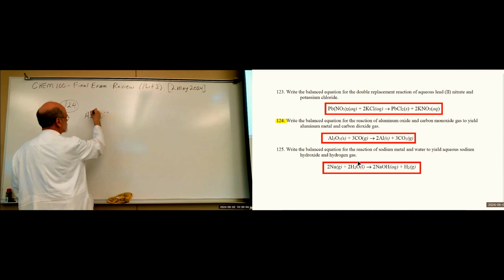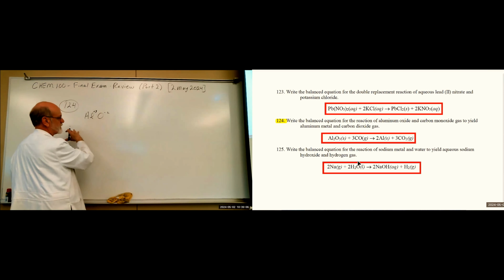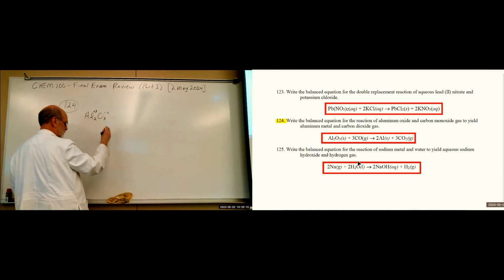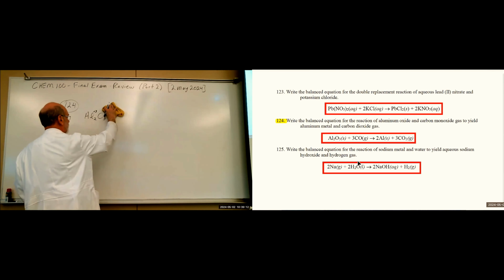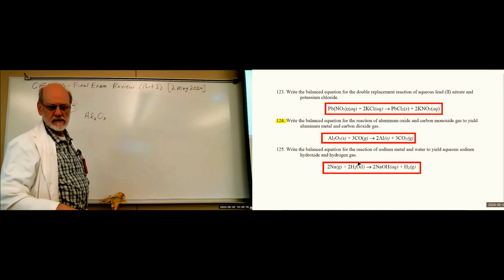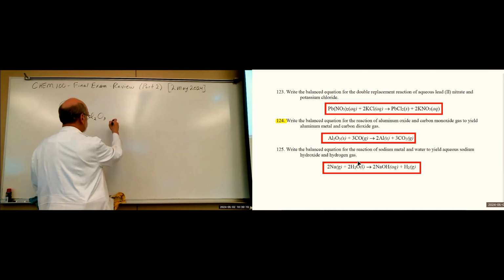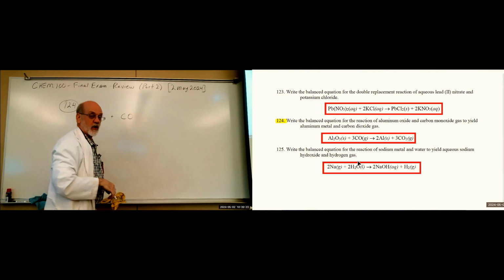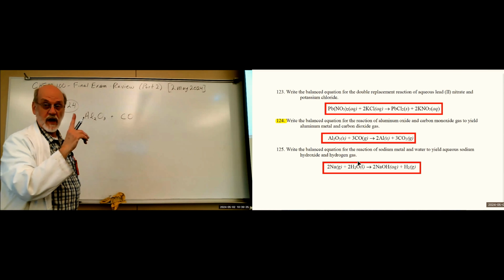This is a -2, this is +3. Fixed charges. This is a type 1 compound. 2, 3. Plus what? Carbon monoxide. This is a type 3 compound. 1 carbon monoxide, 1 oxygen.